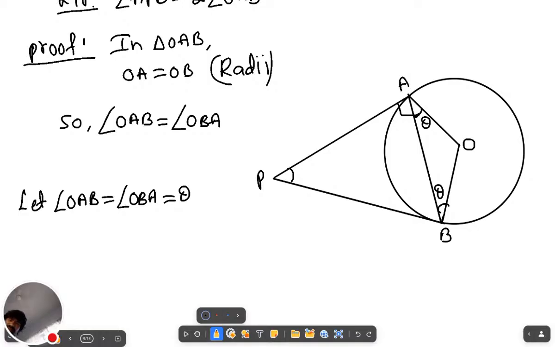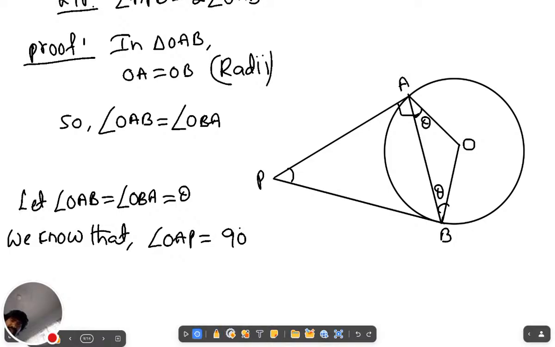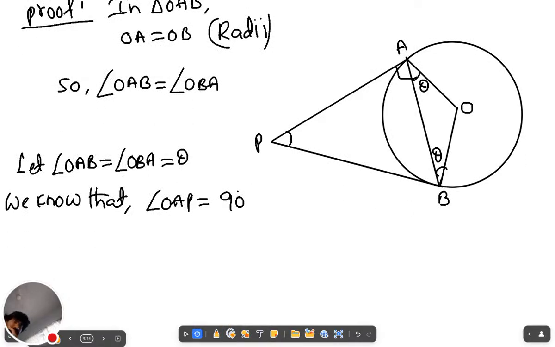What do we know? We know that angle OAP, the total angle, is 90 degrees. So how do you write angle OAP?